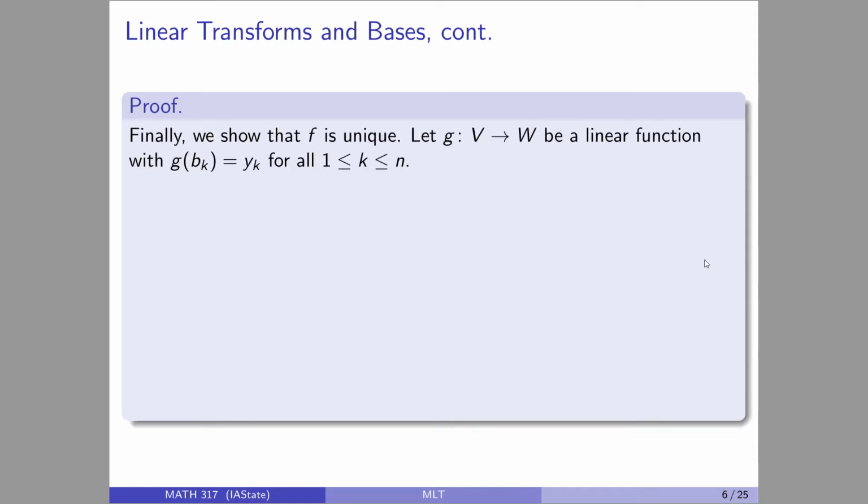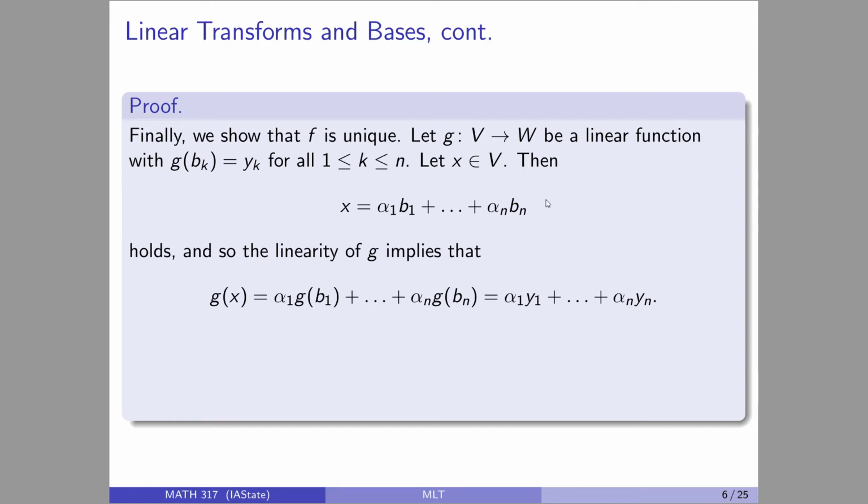Alright, so let's say you've got a function, it's linear, and it sends the basis elements to the selected outputs, y1 to yn. Take anything out of E, it's a linear combo of the basis elements, and then just feed it into F and feed it into G. Right, G is assumed to be linear, so it respects the linear combo, and it's assumed to send the B1s to the Y1s, the B2s to the Y2s.